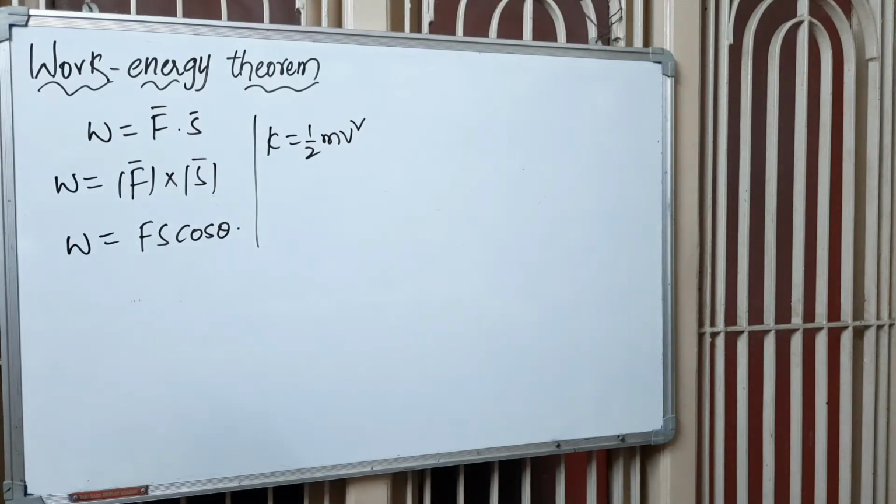Okay, so now we are discussing the work energy theorem for variable forces. Work done by a variable force is always equal to the change in the kinetic energy of the body.